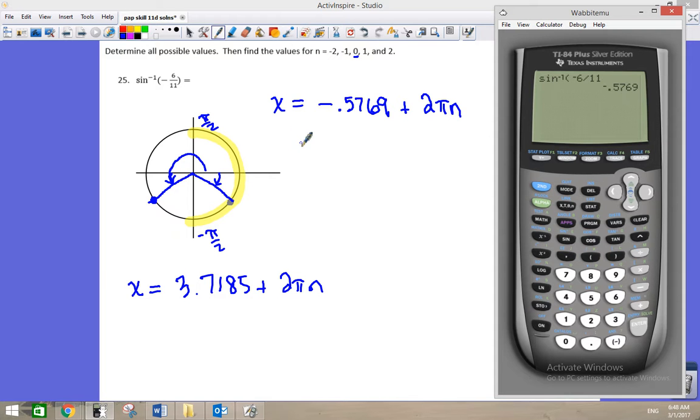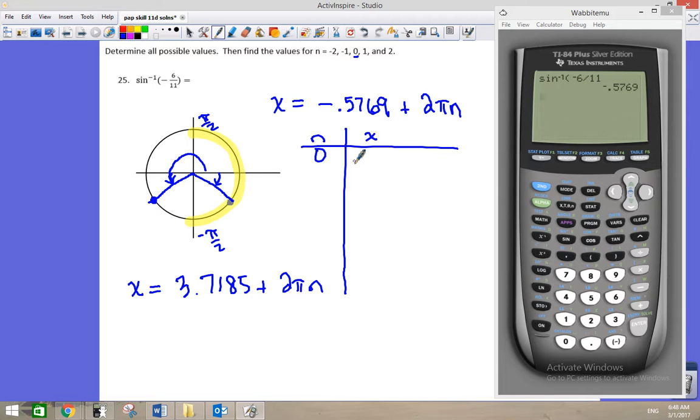All right, so when n is 0, I have this -0.5769. If I add 2 pi, then 5.7063.